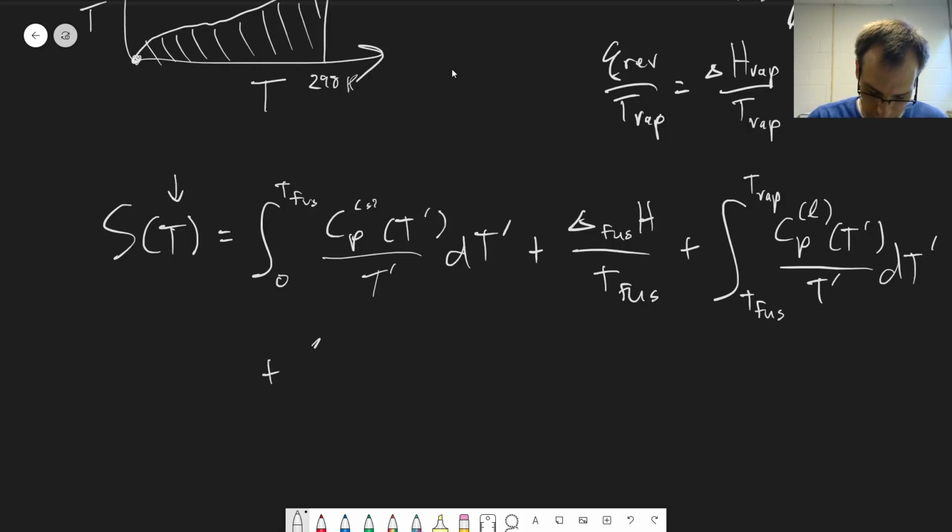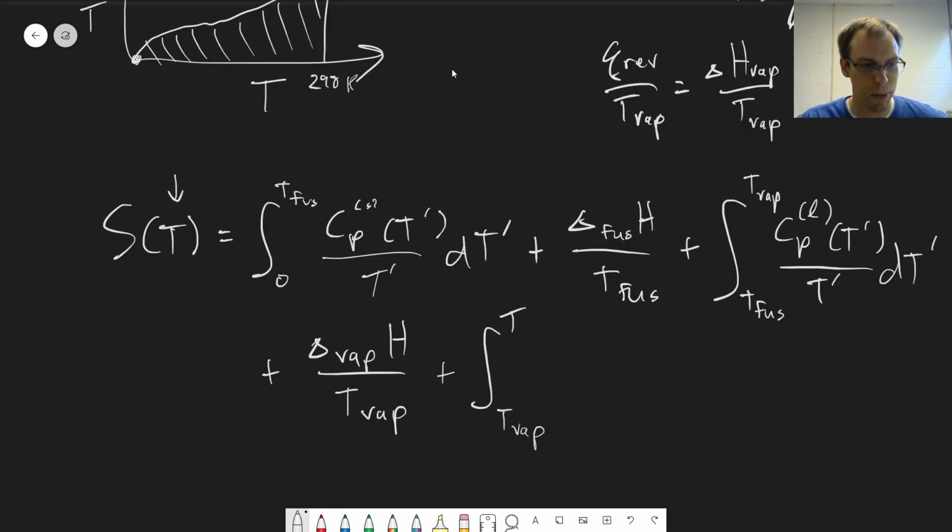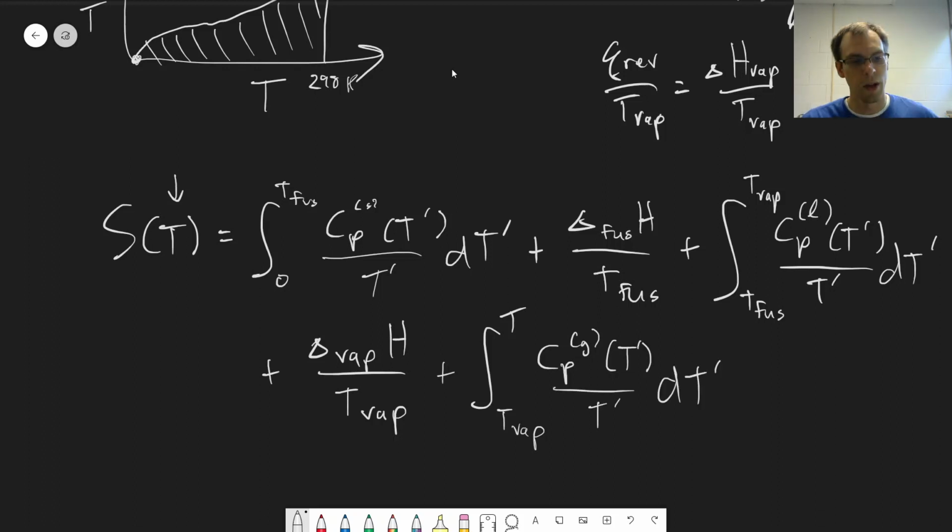And then we would add in the enthalpy of vaporization divided by the temperature of vaporization, and then we integrate again from that boiling point up to whatever temperature we're going up to. Then we'll have the heat capacity of the gas as a function of temperature divided by temperature dT prime. So we have this long expression, but this is really just saying that we need to remember phase transitions.